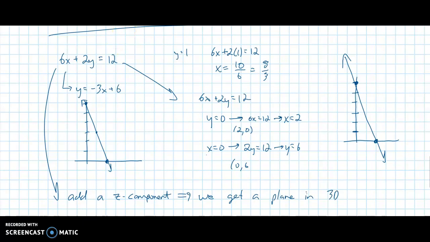I will go through a more mathematical process to show you that this is true in a little bit. But for now, I just want to focus on the intuition. If this is a line, what's the next step up in 3 dimensions? Well, it's a plane.